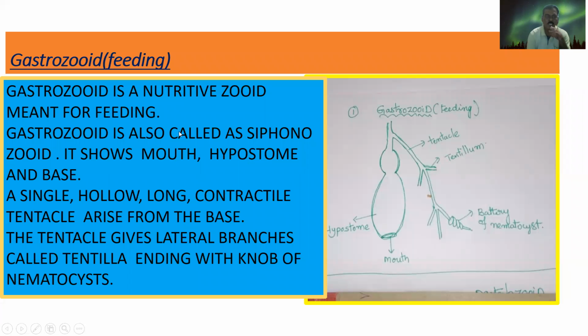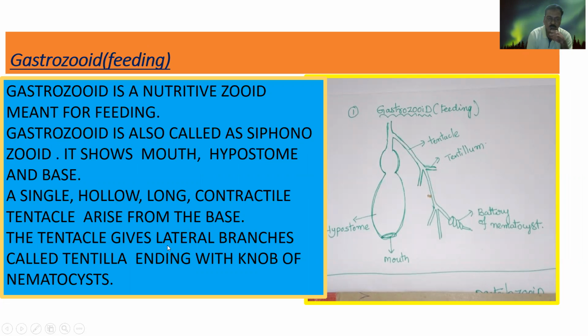Here you can see the gastrozooid. Gastrozooid is a nutritive zooid. This gastrozooid is also called siphonozooid. It shows the mouth, hypostome, as well as at the base a tentacle. A single hollow, long contractile tentacle arises from the base.